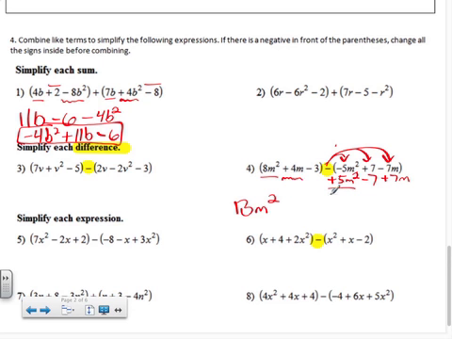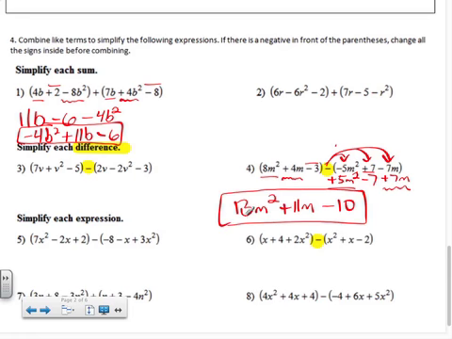Positive 4m combines with positive 7m. And negative 3 combines with negative 7. And that's it. I pretty much guarantee that 1 or 2 of those will be on the end of course test. 3 points. Like taking candy from a baby.